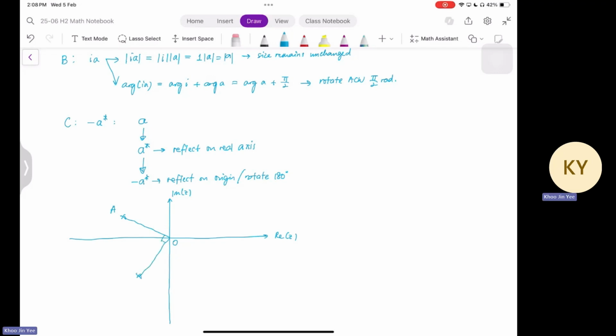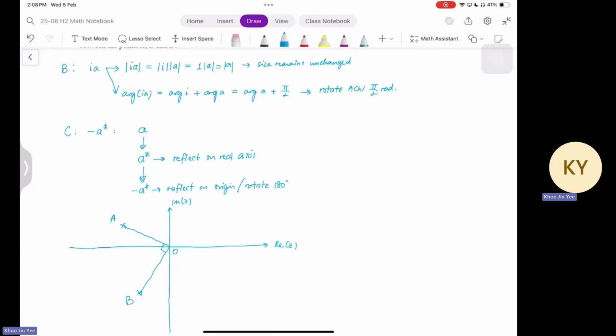Okay, rotate 90 degrees. So B will be there. Don't need to memorize, you just make sense. So this is making sense, like thinking about this. Don't have to memorize.